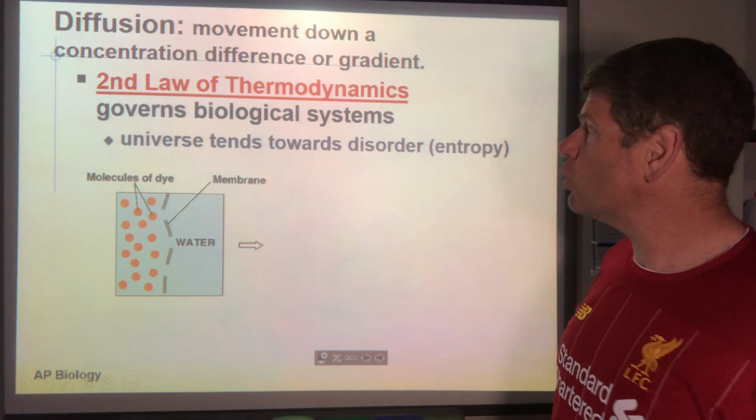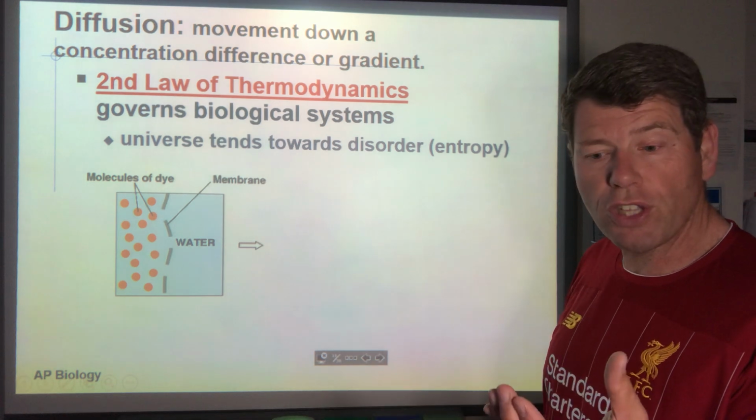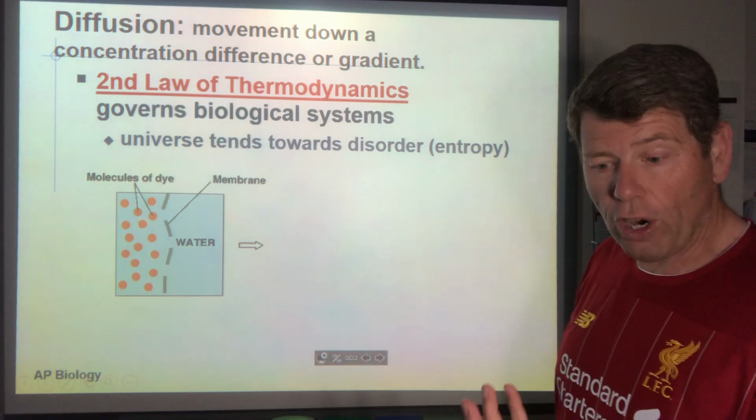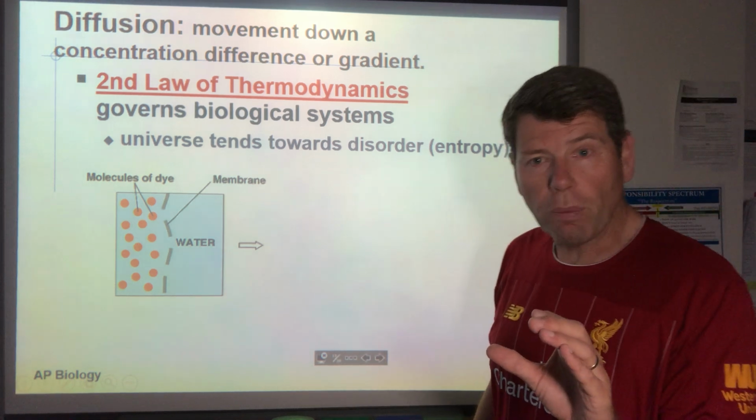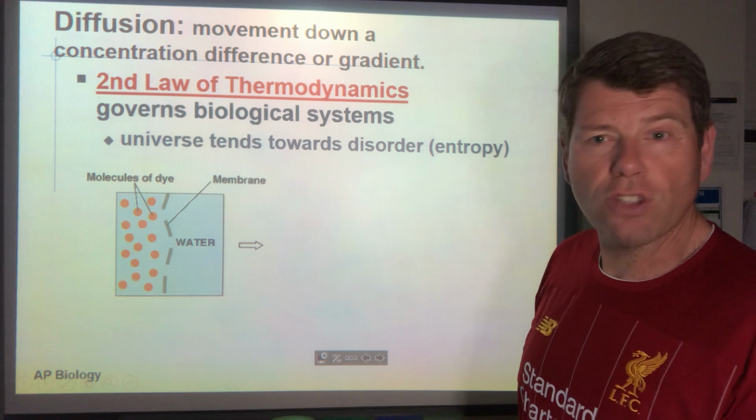The universe tends towards disorder, right? I often use the example of a deck of cards. When you get a brand new deck of cards, that's very orderly, but we know that as you play with that deck of cards, it gets all mixed up.